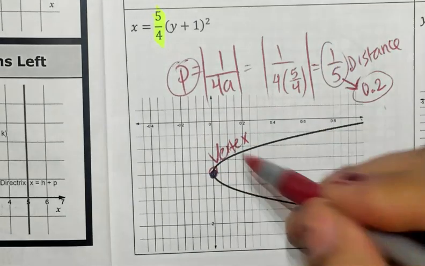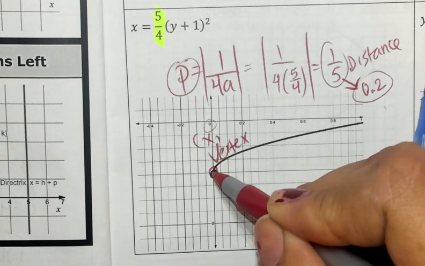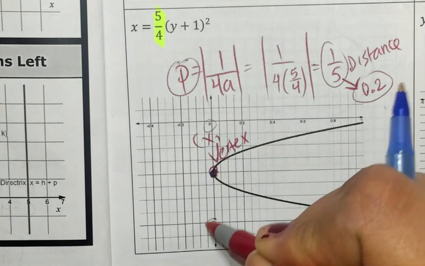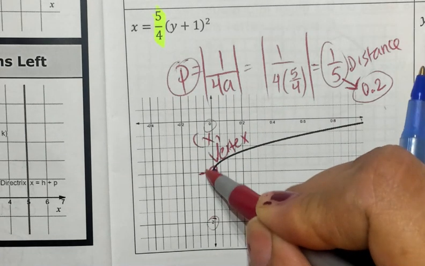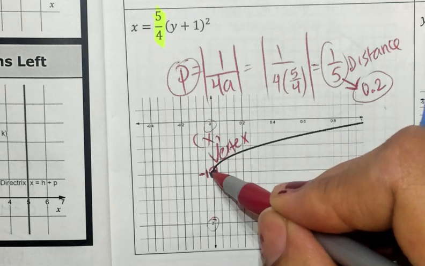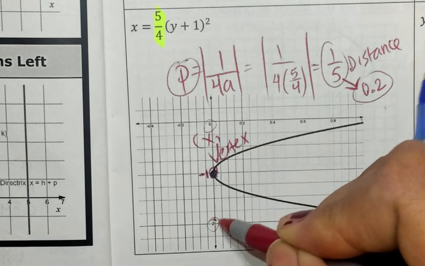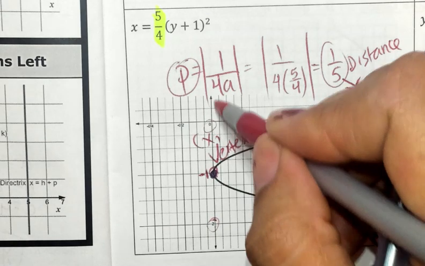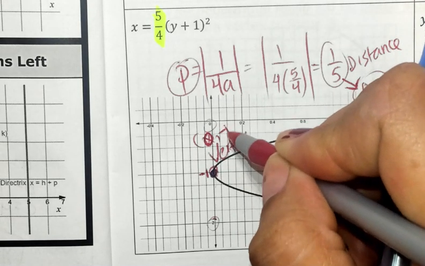Vertex, that's 0 for the x. And then it went down to here. I know we don't see it on the paper, but that's -1 right there. It was 1, 2, 3, 4, 4 spaces down, that's -1. 1, 2, 3, 4, 4 spaces down, that's -2. So -1 is the y value. So the vertex is (0, -1).